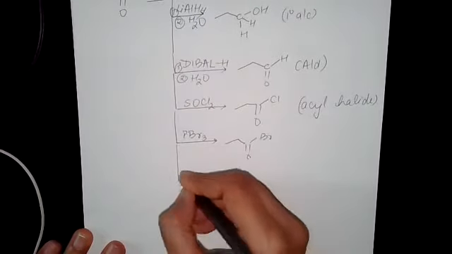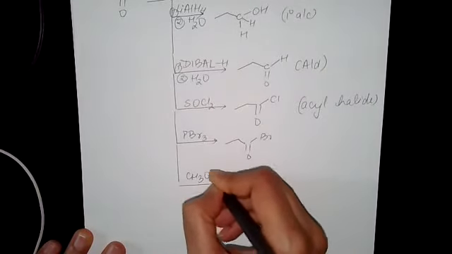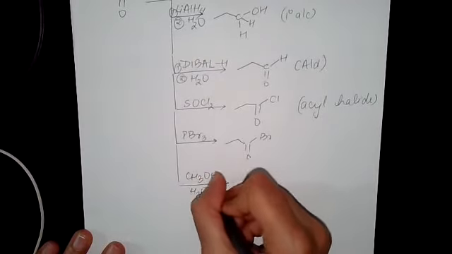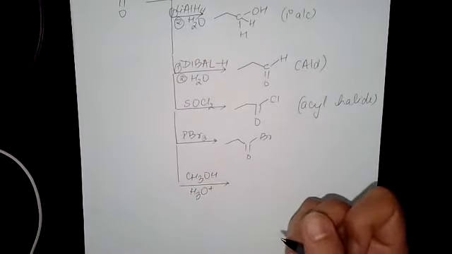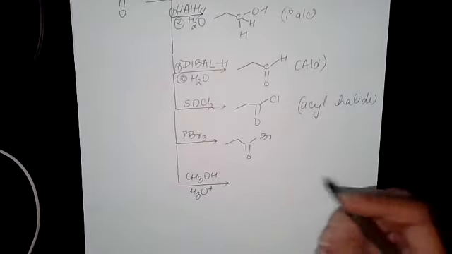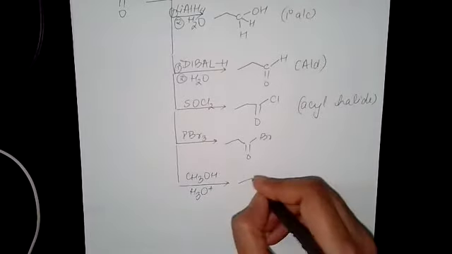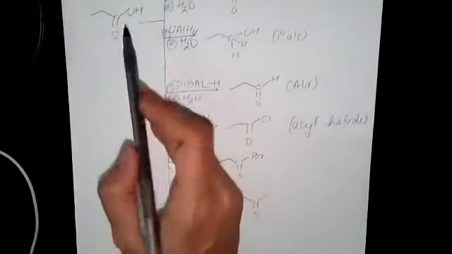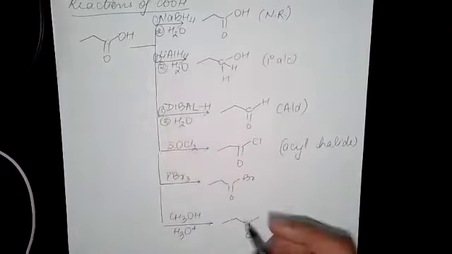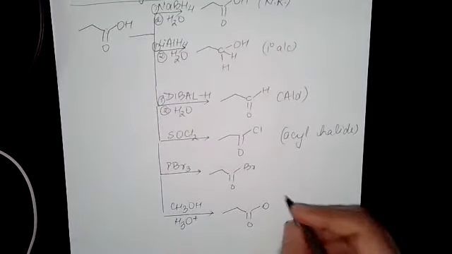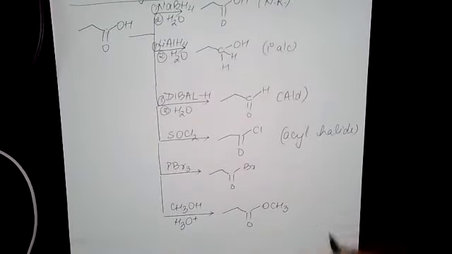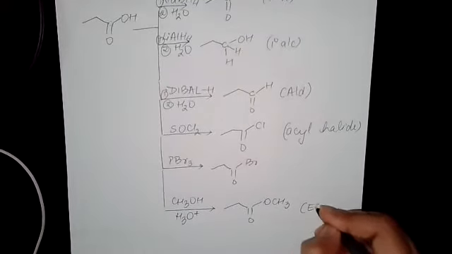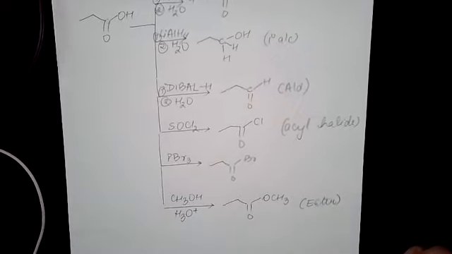Another new reaction that you would see here is when you have an alcohol in presence of acid. A Fischer esterification reaction will occur, and this oxygen will get rid of this hydrogen, and your alkyl group gets attached here. So you are generating an ester.